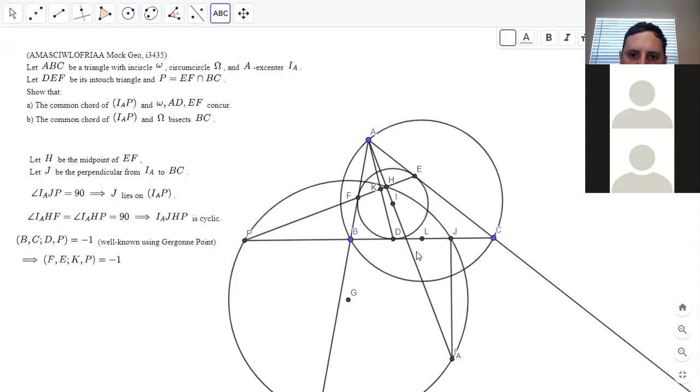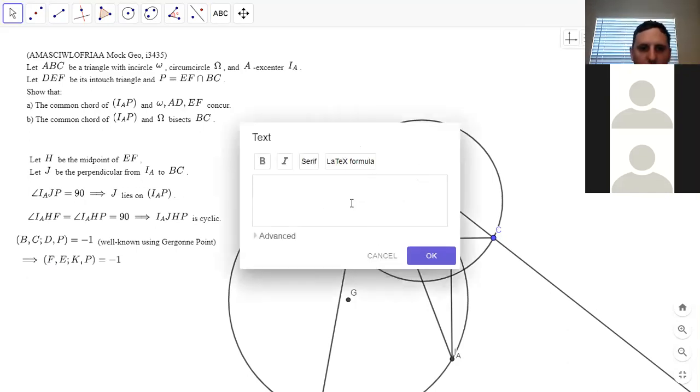KH times KP. Anything about this? KH times KP is equal to KF times KE. It's KP.